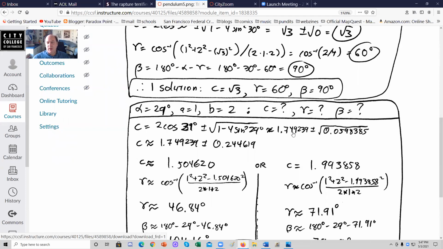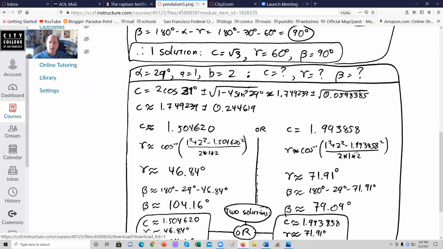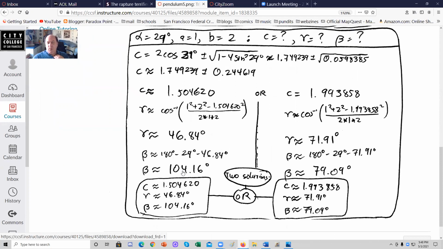So you get 1.7949, etc., plus or minus the square root of this small quantity, 0.224619. So there's two possible values for C, the short value and the long value, 1.50 or 1.9. And from then you use the law of arc cosines in both cases, and get either gamma is 46.8 degrees or 71.91 degrees. And we can get beta 104.16 or 79.09.